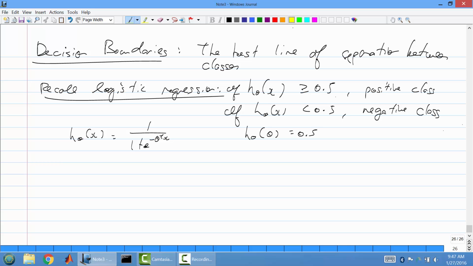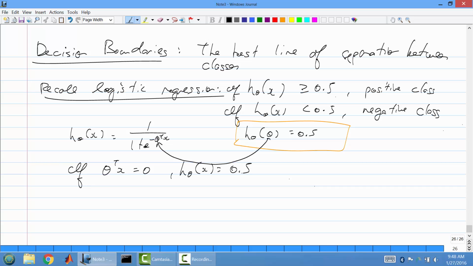This is important too. So if the input is 0, then the output is 0.5, and that's right at the threshold where the boundary is going to happen. So let's see here, h theta x. In this case, it's safe to say that if the input is 0, then the output is 0.5.